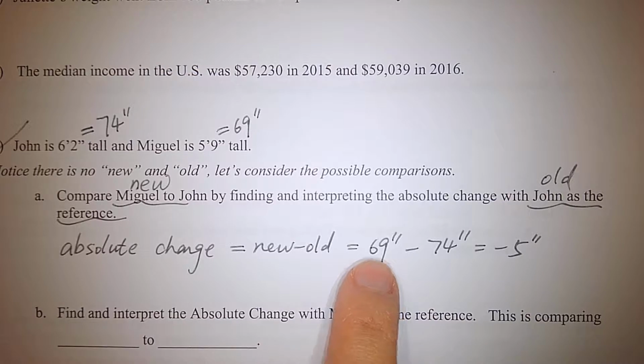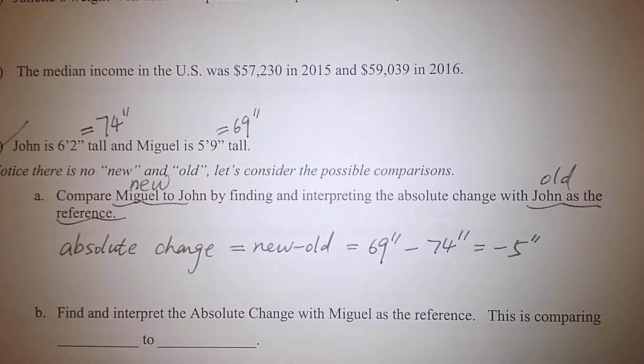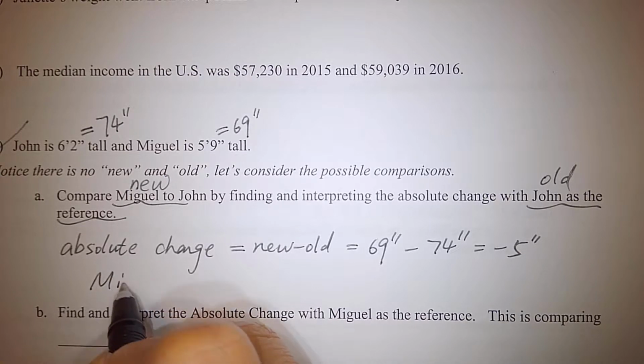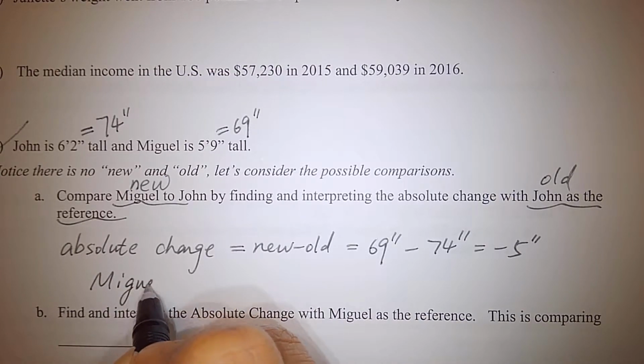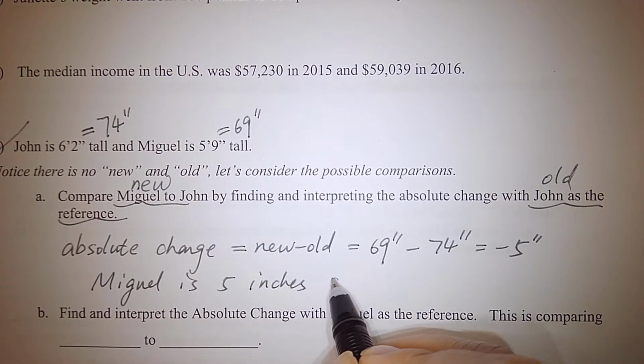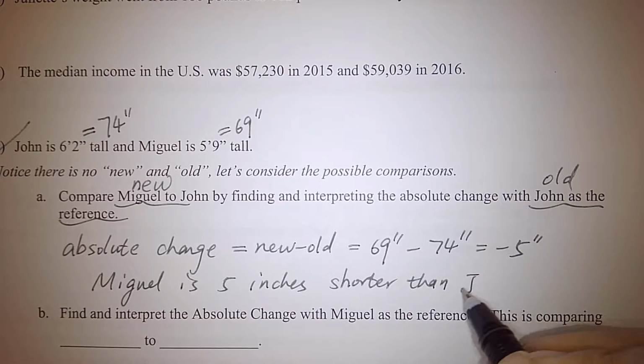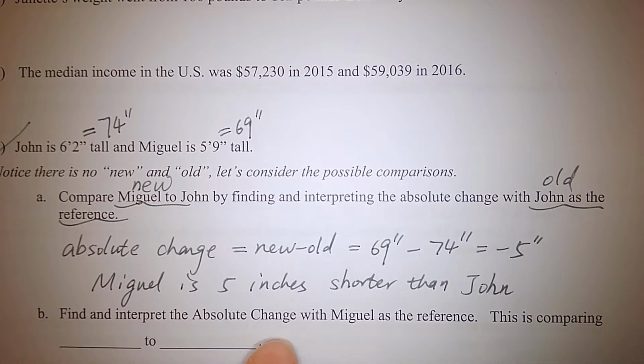Shorter, right? Because John is a reference, okay? So we can answer the question like, Miguel is 5 inches shorter than John. Does it make sense, guys?